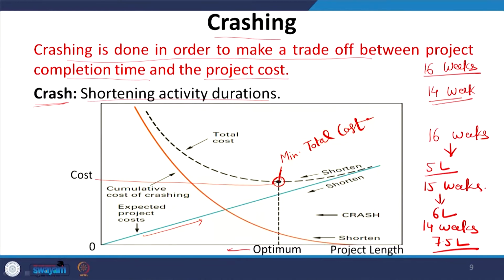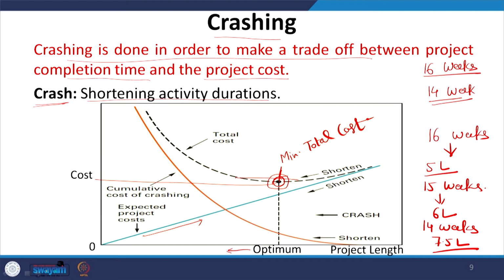If you go to this side, then cost will increase drastically. So, you can think of whether you want to remain at this level, or if you want to reduce your duration further, then cost will increase in a very high manner after a particular time.